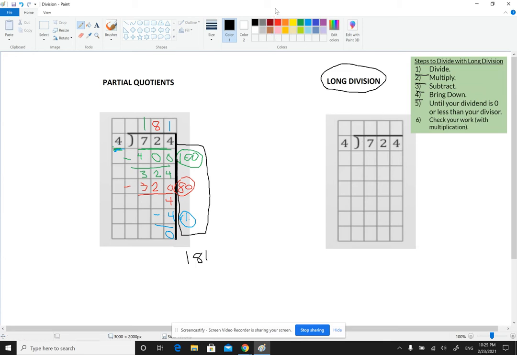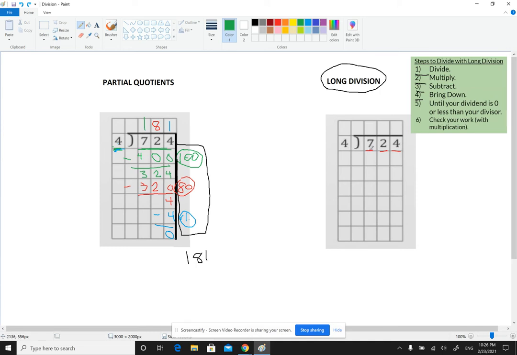So the way we do this is by, instead of taking big chunks of 3 digits at one time or 2 digits at one time, I am only going to focus on one digit at a time. So even though the 7 represents 700, I am only going to read it as one digit to make our algorithm easier. So let's make sure we compare it back to partial quotients to check if it works.